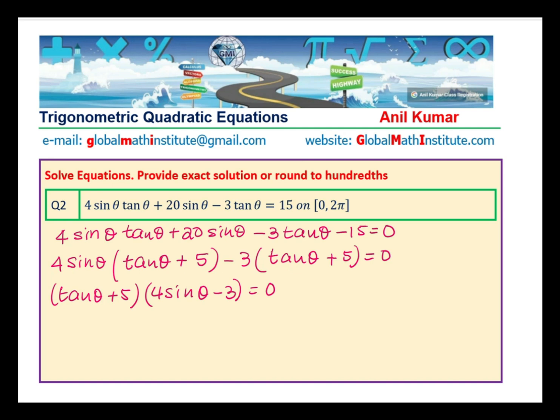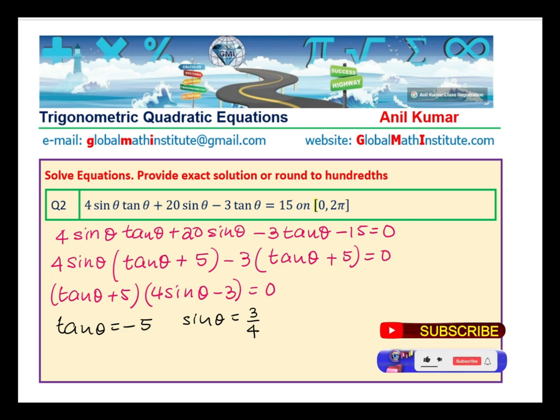So we have solution for tan theta equals to minus 5 or sin theta equals to 3 by 4. Within the domain of 0 to 2 pi, tan theta is minus 5 means we have two solutions here.